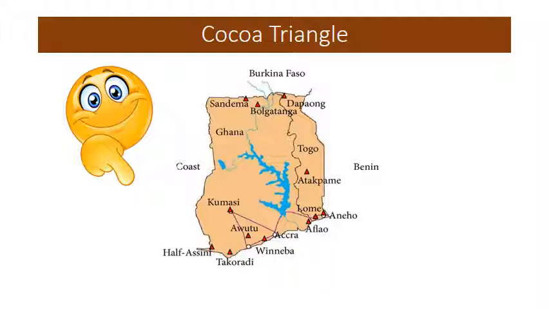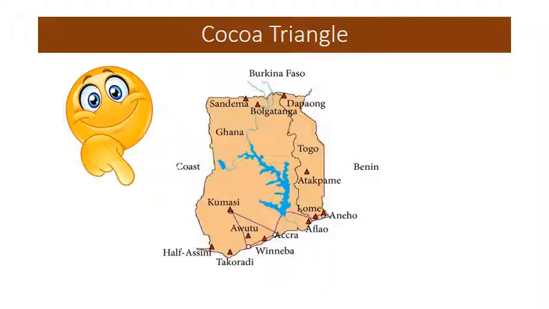When cacao trees were first introduced in Ghana, they were grown only in the coastal areas where the exporting ports were located. Later, cacao cultivation spread far inland. The inland areas have been linked to the exporting ports by roads and railways.